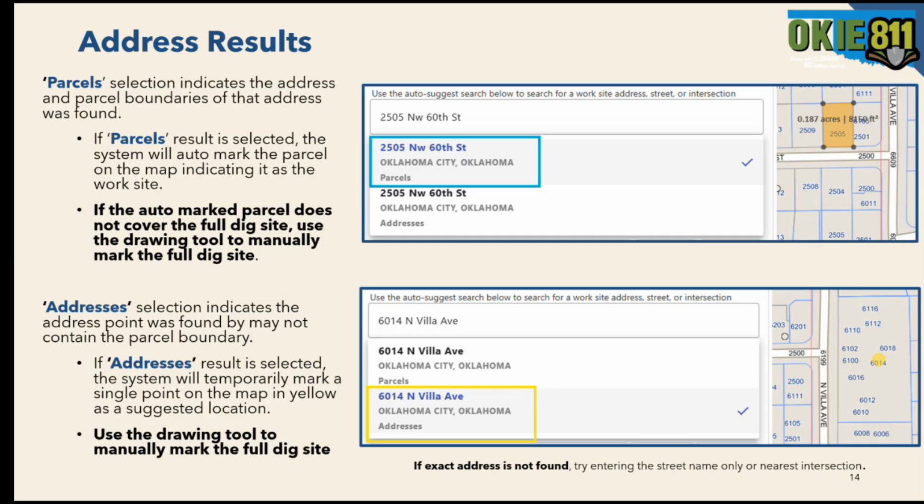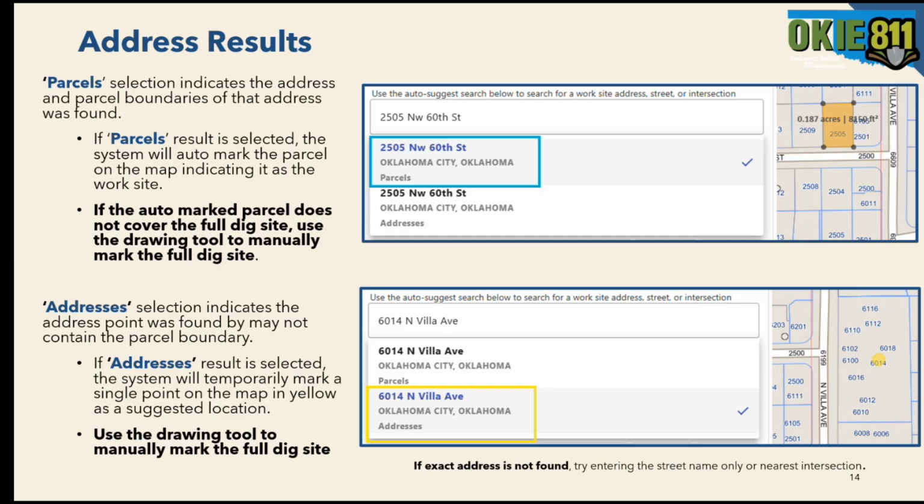The addresses selection, which is generally the second selection, just indicates that the address point was found, but it may not contain a parcel boundary. So for whatever reason, we don't have the boundaries of the property on the map.